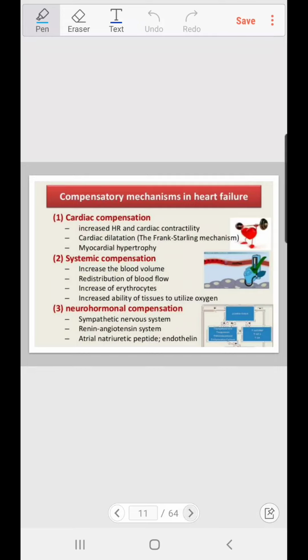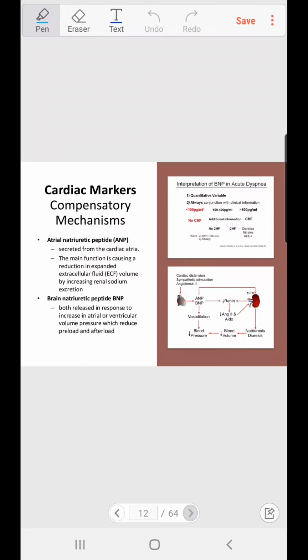There's also brain and atrial natriuretic peptide and also the renin-angiotensin system to compensate for the failing heart. The main markers for the cardiac compensatory mechanism are BNP, brain natriuretic peptide, and atrial natriuretic peptide.